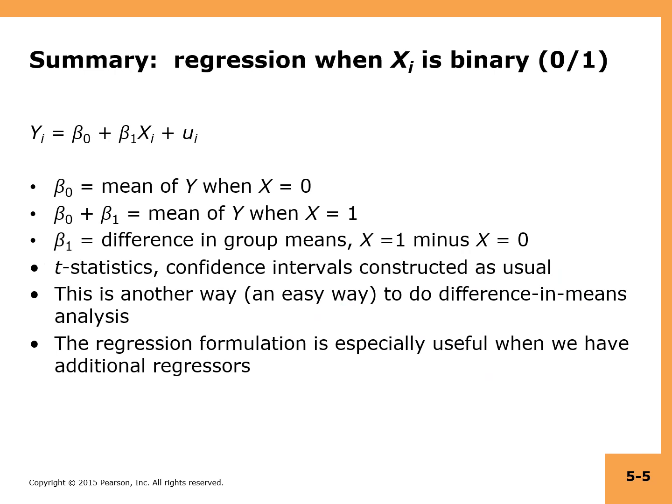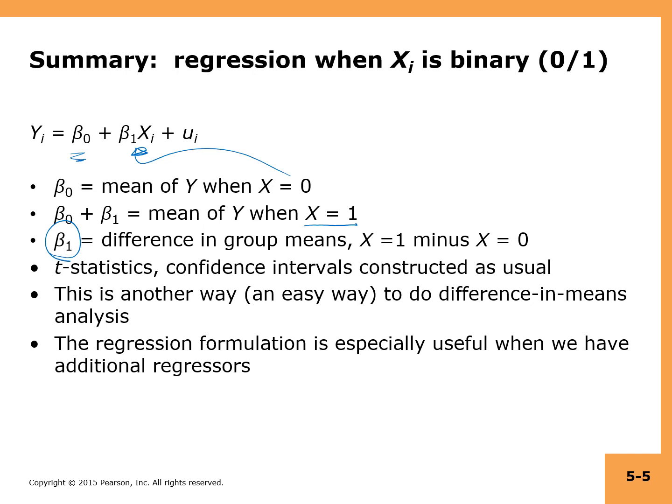Just to summarize what we have learned in this lecture, beta 0 is the mean of y when x is equal to 0. So when you plug in x equal to 0, you only have beta 0 left. Beta 0 plus beta 1 is the mean of y when x is equal to 1. So this makes beta 1 the difference between the two groups.